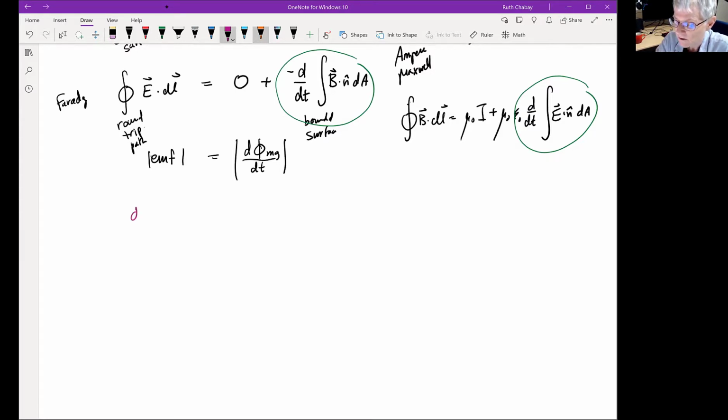So we have dB dt can make a curly electric field, and a dE dt can make a magnetic field.